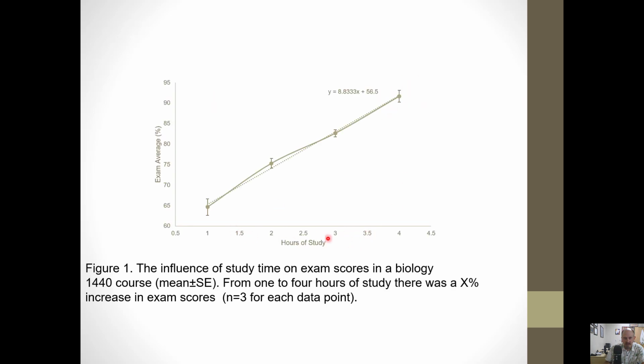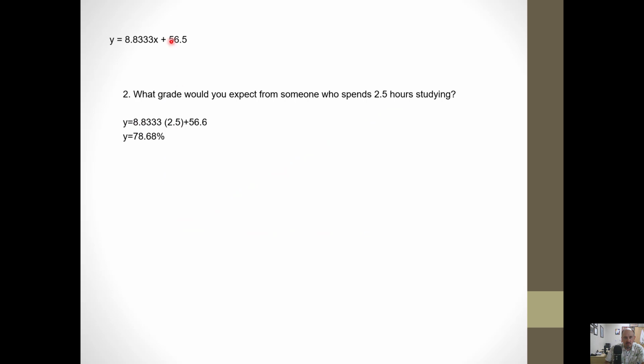Hours of study are on the x-axis, so we can plug in 2.5 for x and solve for y. And so if we do that, we get an estimate of 78.68%. So if someone studied for 2.5 hours on this exam, we would expect they would get about a 79% on that test. Okay, that's how we use the equation of the line.